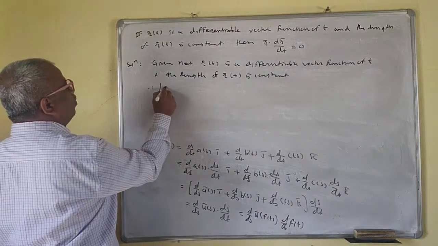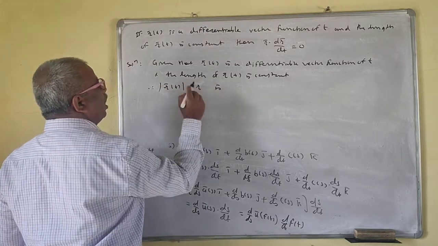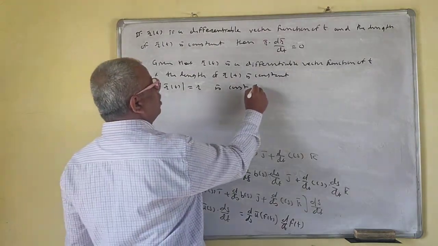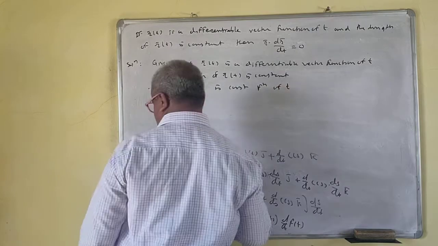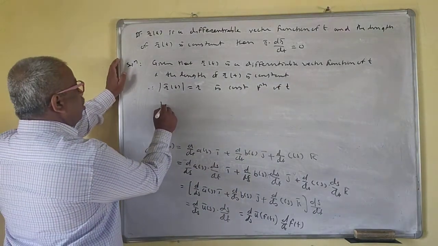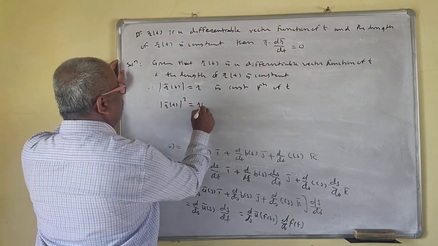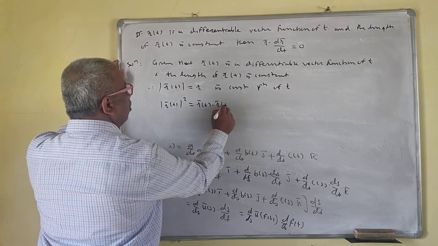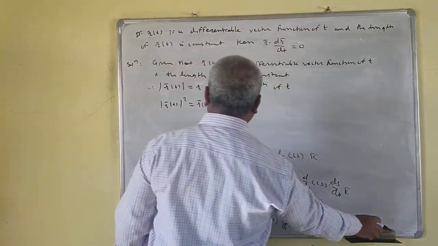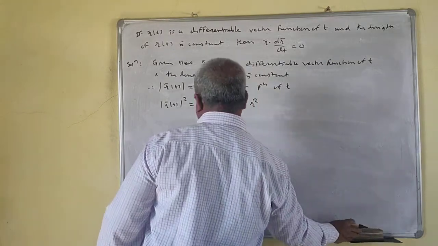So therefore mod of r bar of t, which is r only, is a constant function of t. Then mod of r bar of t square is the same as r bar dot r bar, which is equal to r square. So r square is constant.